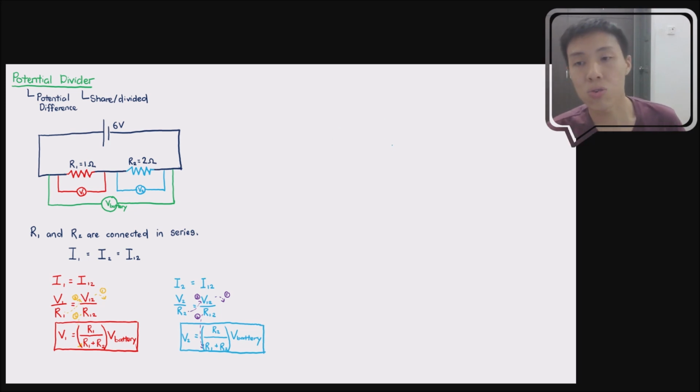So I'm going to bracket it and I will discuss with you the structure of the equation. Okay, so here you have two equations. The first equation tells you that V1 is equal to R1 over R1 plus R2 multiplied by V battery.